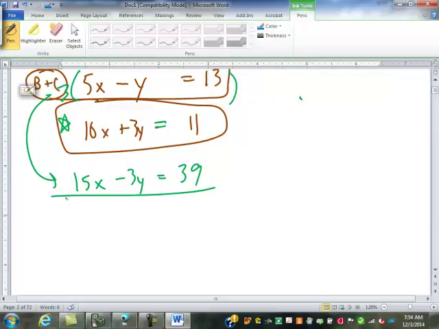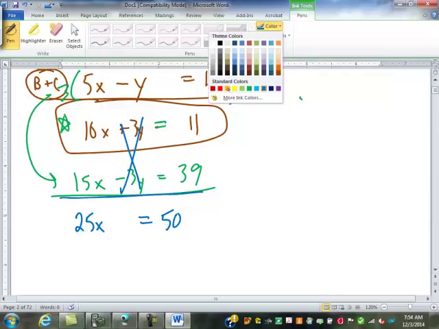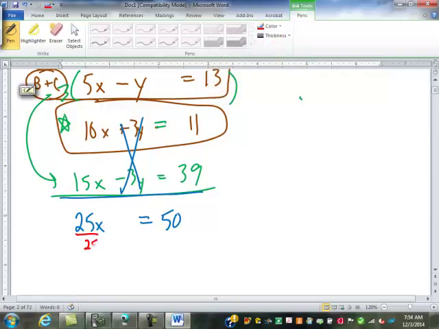Okay, so now we're going to add 10x and 15x. 25x. 3y and negative 3y is gone. Equals 50. Divide by 25. x equals 2.